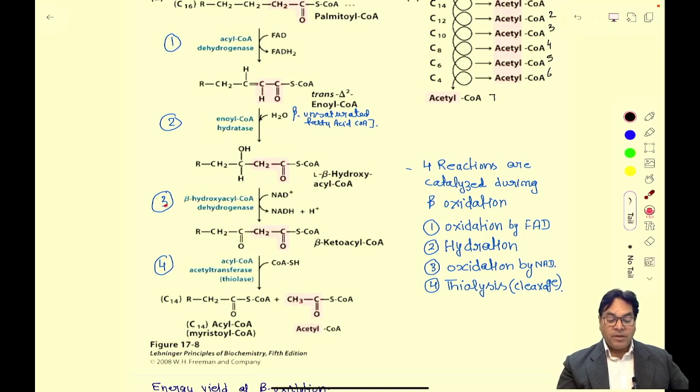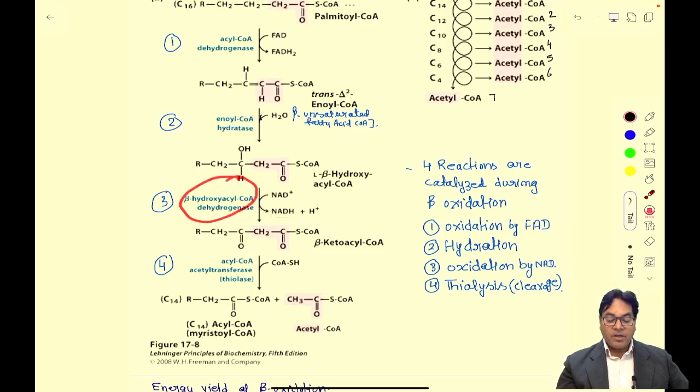In the third step, the beta hydroxy acyl coenzyme A gets converted into beta keto acyl coenzyme A. And again there is oxidation of NAD, which converts from NAD to NADH2. The enzyme is beta hydroxy acyl coenzyme A dehydrogenase.